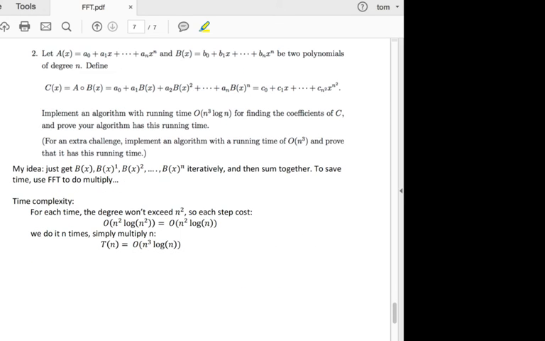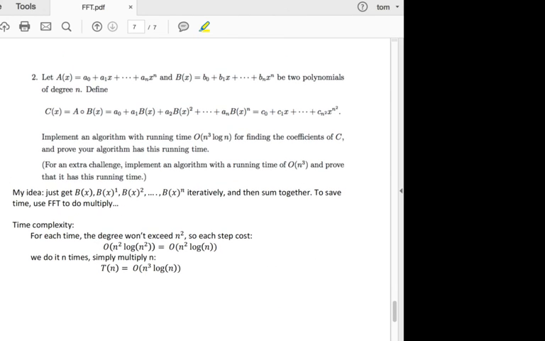Second, for the second problem, it's about given two polynomials, and it's just substituting x by b(x), right? Substitute it by b(x) squared, b(x) to the power of n.